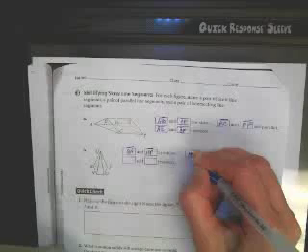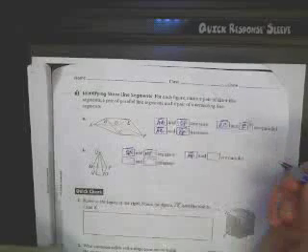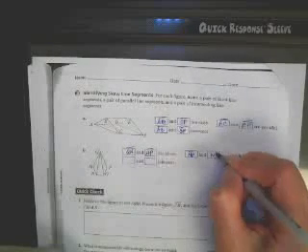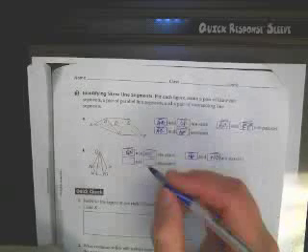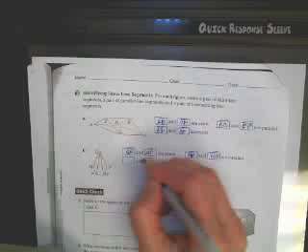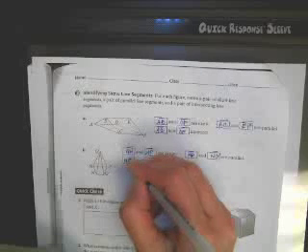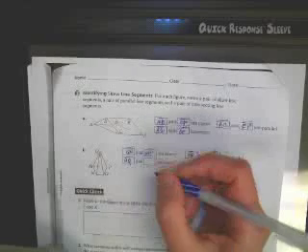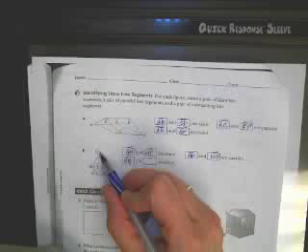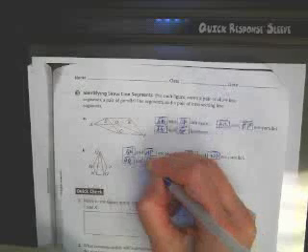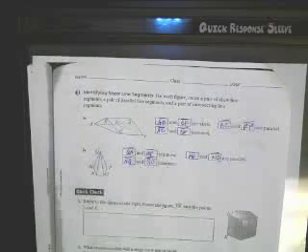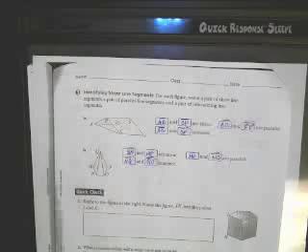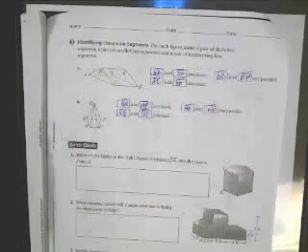Parallel would be segment MP and segment NO. And intersecting segments could be segment NQ and segment QO. And there again are several of each. Those are just naming pairs.